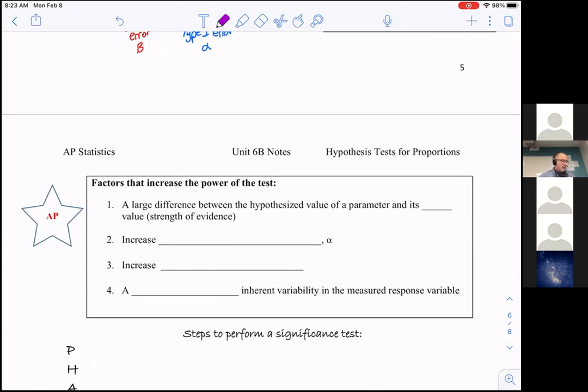So let's talk about factors that can increase the power of the test. We can increase the significance level.